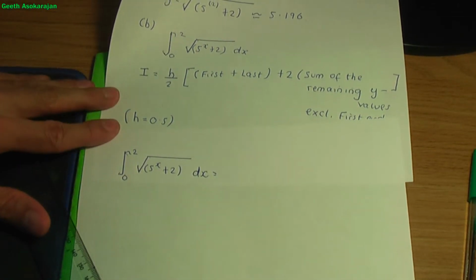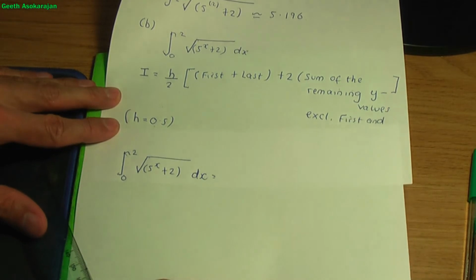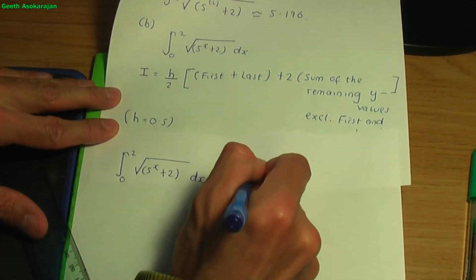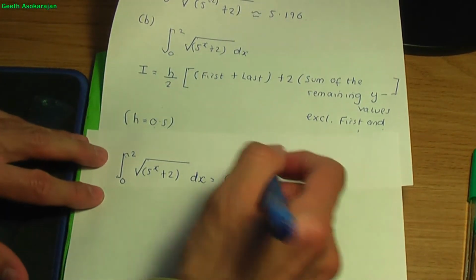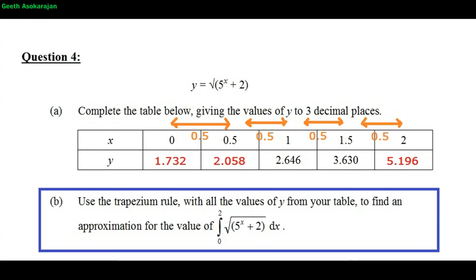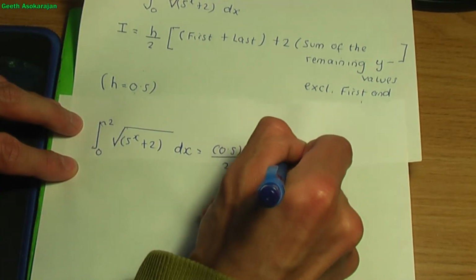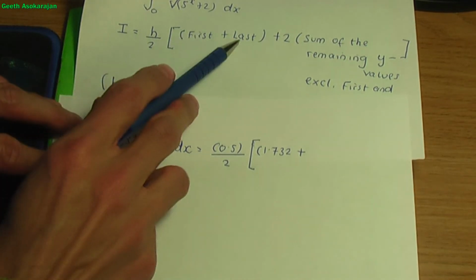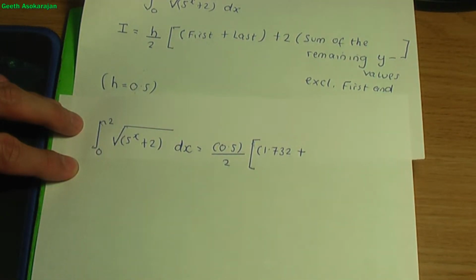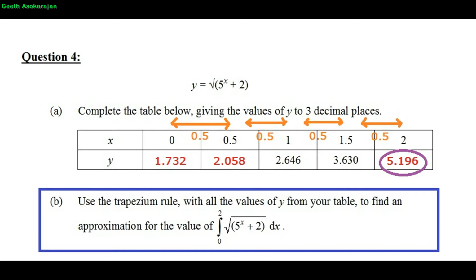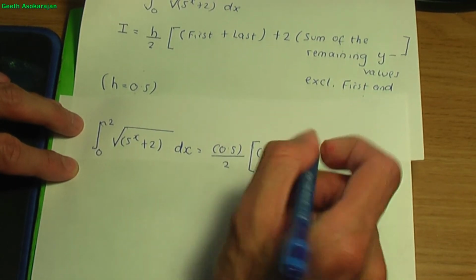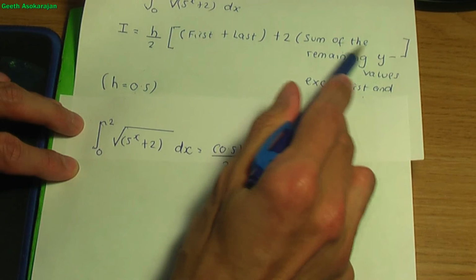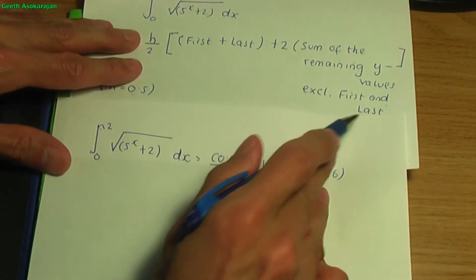According to the formula, h, the width, is 0.5, so it's 0.5 divided by 2 multiplied by the first y value, 1.732, plus the last y value, 5.196, plus 2 times the sum of the remaining y values, excluding the first and the last.